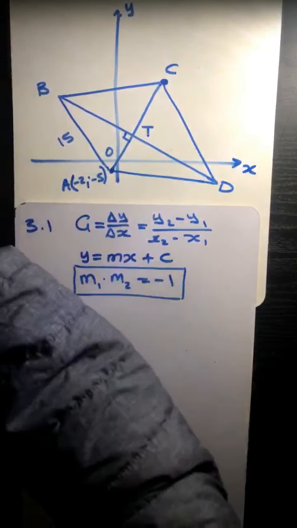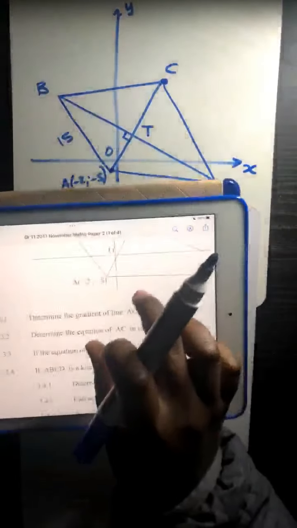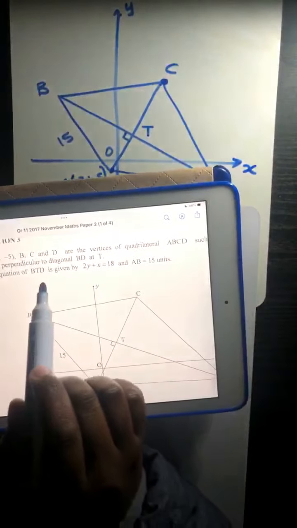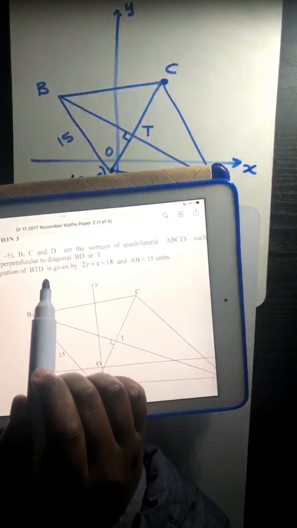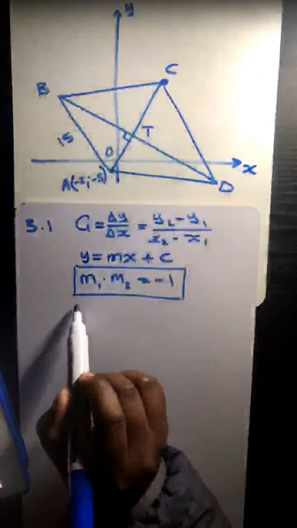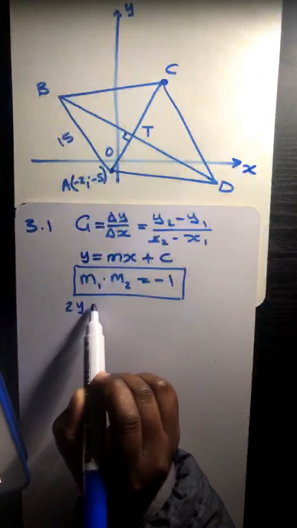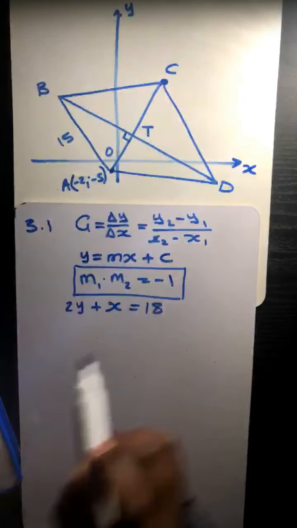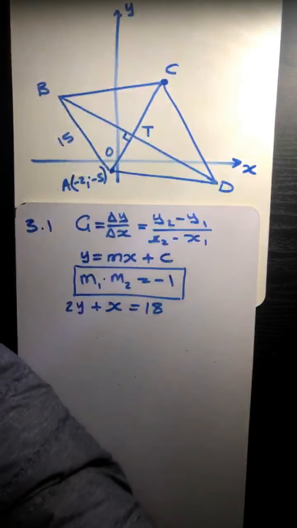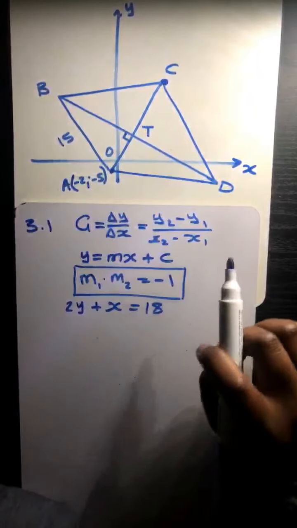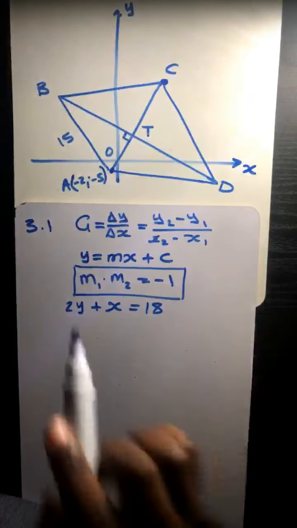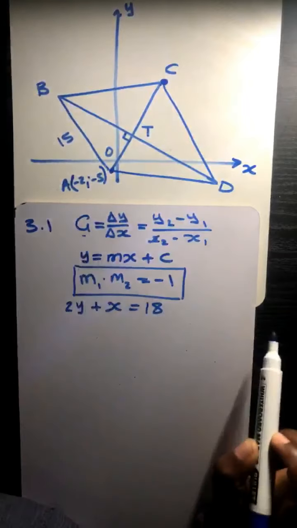Okay, so if you remember, guys, from the given statement, we are given the equation of BD. Where is B? There's BD. And the equation of that is given by 2y plus x equals 18. So there are multiple ways in which the examiner can ask you a question, and the question is easy. They just want you to give the gradient of that line.